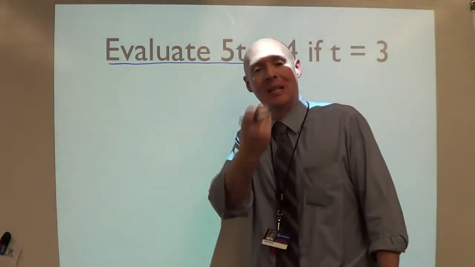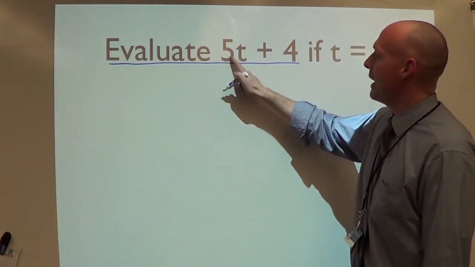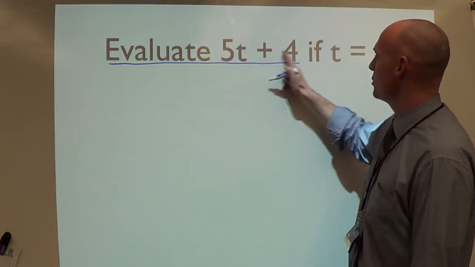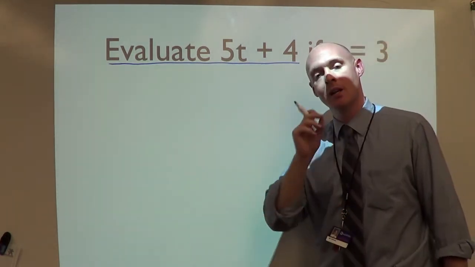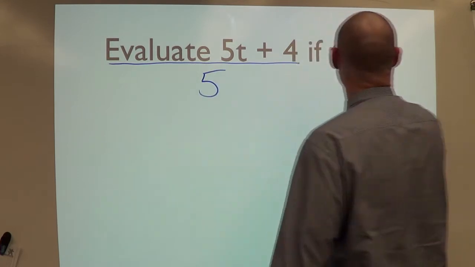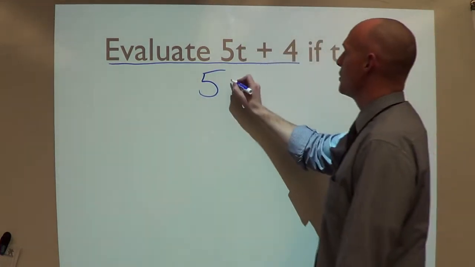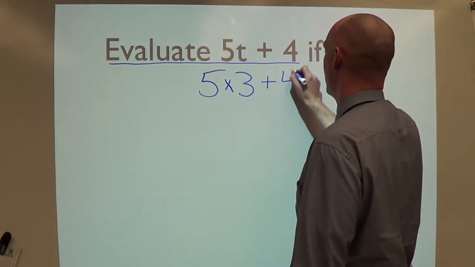That's okay, because it's implied that it's multiplying when it's right next to each other. 5 times t plus 4 if t equals 3. Good. Let's substitute. 5 and t equals 3, so it's 5 times 3 plus 4.